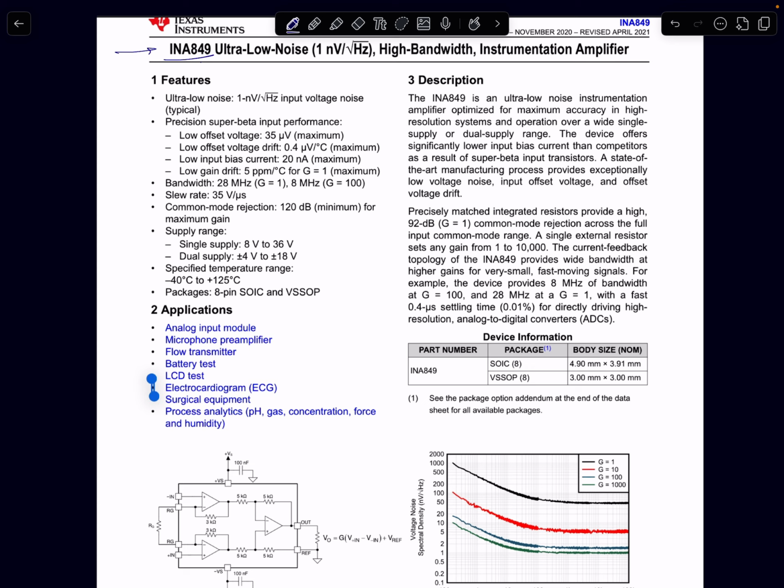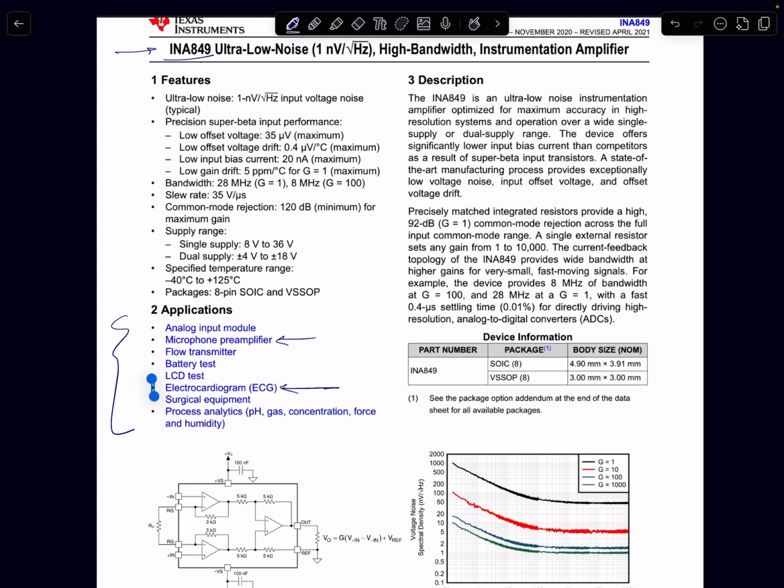Normally they'll give you the applications where it can be used, and as I've told you guys, ECG is a medical application mentioned here, and microphone preamplifiers in speech is also another application. It's a very low noise differential amplifier, so it can be used there as well.